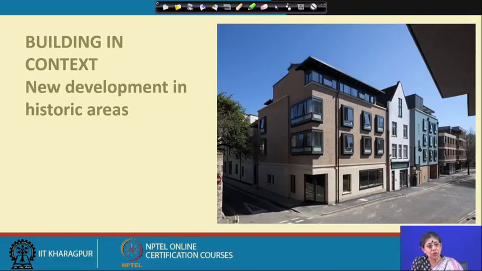Not only the visual guidelines or the bylaws and the regulations, but what will be the activities, the traffic system, the infrastructure, these also have to be taken into consideration. And of course, if the new buildings have to come up, it is not only the bylaws, but what will be the design guidelines, and how we do the visual impact assessment of that area.